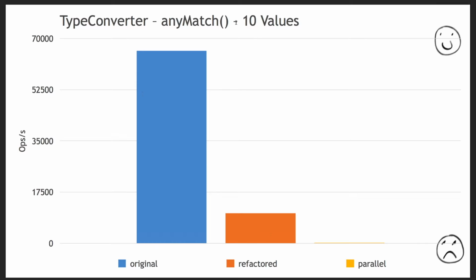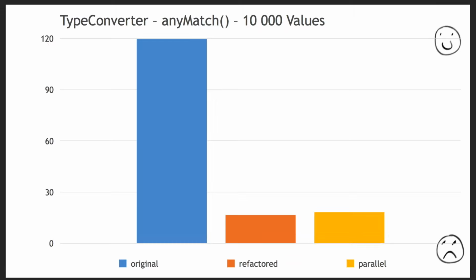The refactored code is not even half the speed, and parallel for 10 values is nowhere to be seen, because the cost of splitting up a 10 value list, running over multiple cores, and then bringing the results back in is just far too much overhead for that number of values. Where it starts to get a little bit more interesting is where you have 10,000 values in this particular list.